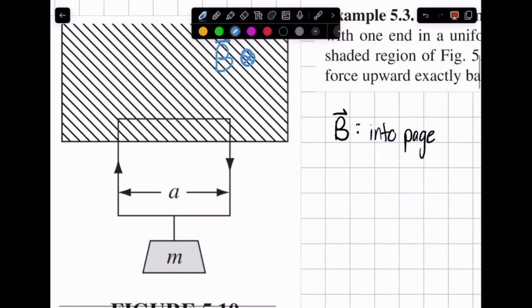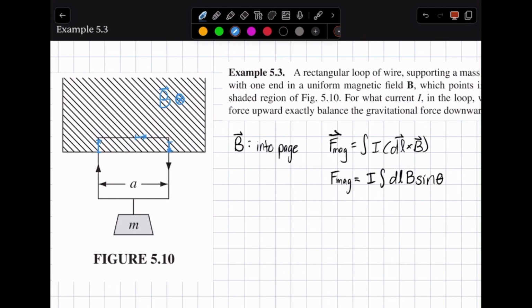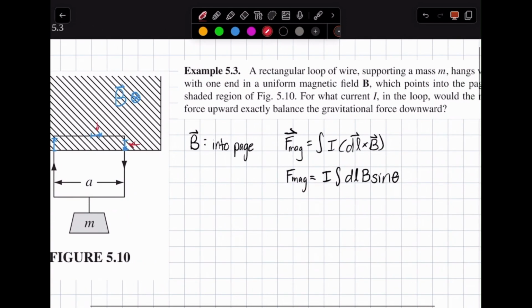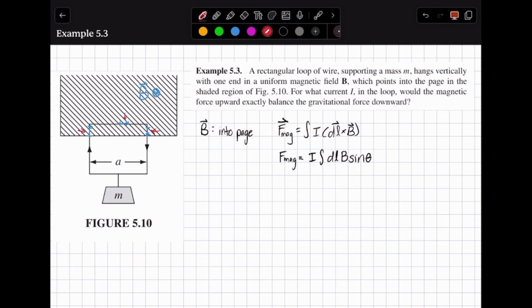If I look at the figure here, we'll have a dl segment here, a dl segment here, maybe a dl segment here. Therefore, at each of these dl's on the wire, theta is equal to 90 degrees. And therefore, sine theta is going to equal 1.